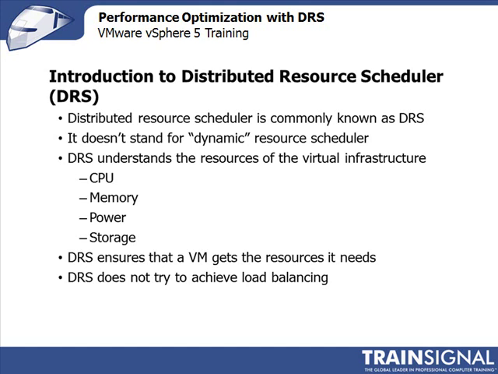And it doesn't consider that lightly. It considers it over time, and it also considers the performance penalty to moving that virtual machine to the other ESXi server. Now, it doesn't just work with existing virtual machines, it also works with brand new virtual machines. So when you create a brand new virtual machine, DRS can be used to automatically place that virtual machine on the right ESXi server.